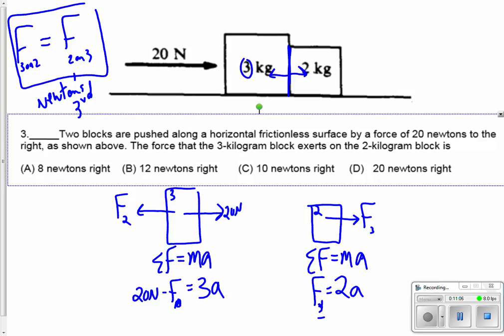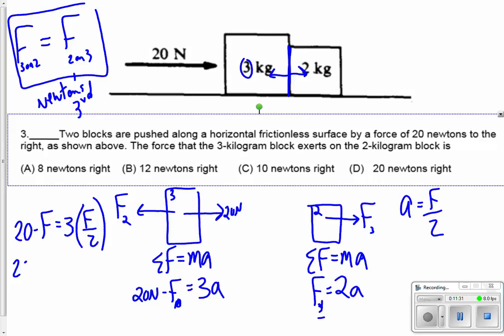So if we're solving for that, then we need to get rid of that A. So A equals F over 2. Let's plug that right in over here. I'm running out of space here. So 20 minus F equals 3 times the quantity F over 2. I just substituted F over 2.